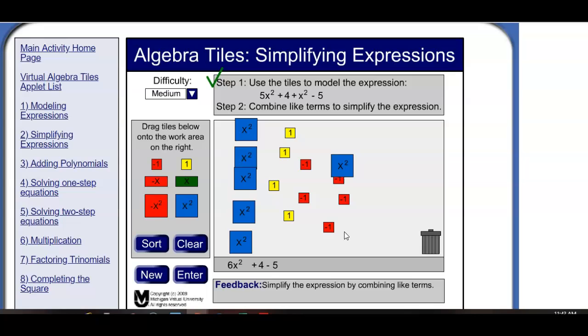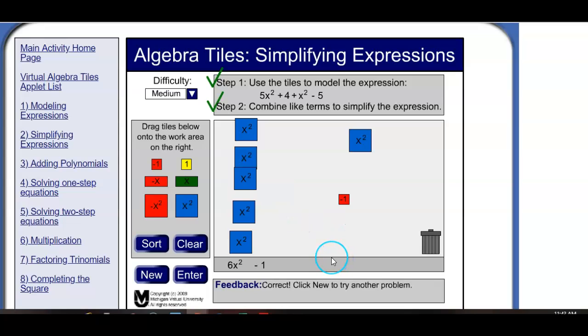What can we combine? You should have been thinking just the 1s, because I don't have any negative x squareds to combine these x squareds with. So I can go ahead and combine as many of these negative 1s and 1s as possible. And now I have nothing else left to combine.